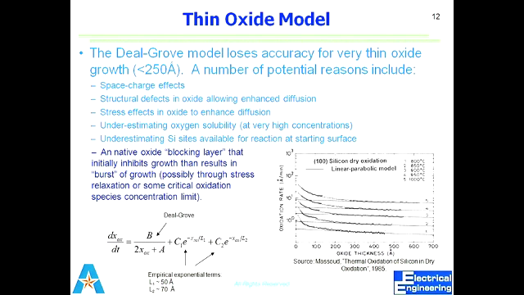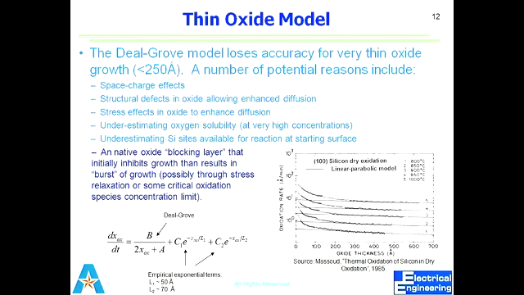You have seen that I have not started from zero. I have started from here. This means that for very thin layers, less than 30 nanometers or 300 angstroms, it does not give you the right answers. If you use the Deal-Grove model, it is very effective and in use, but not for very thin layers.